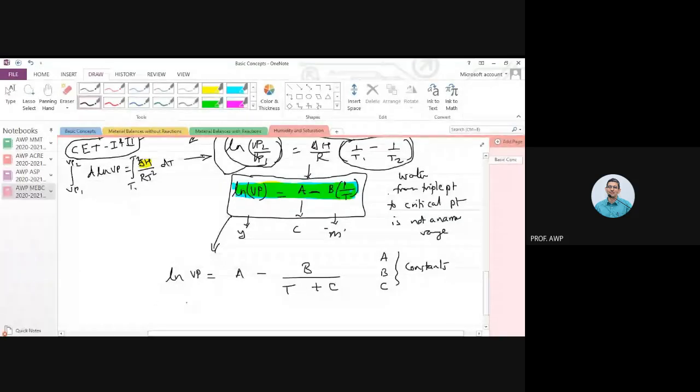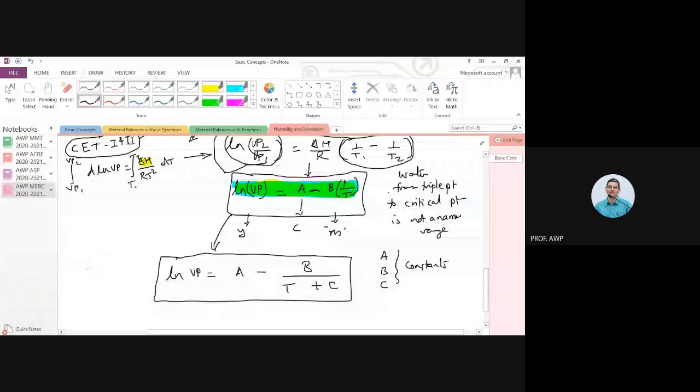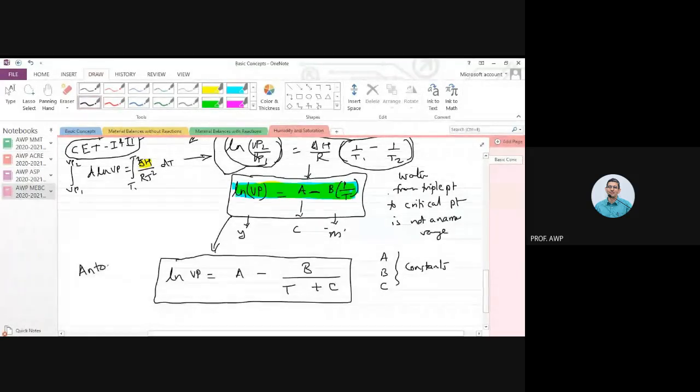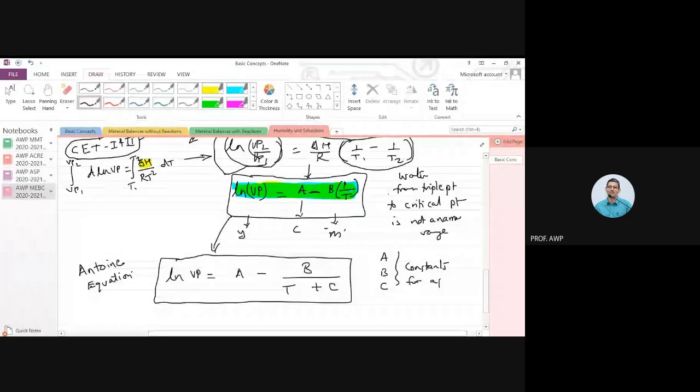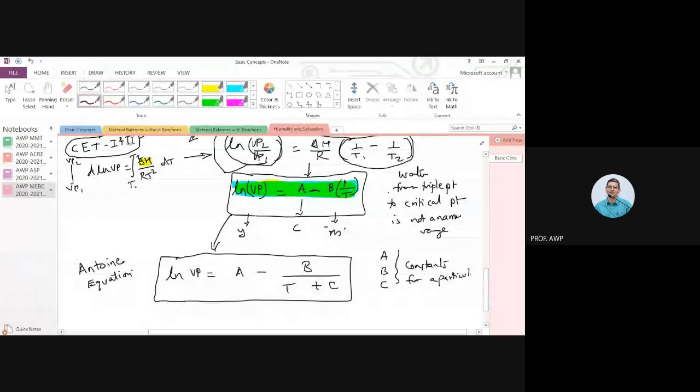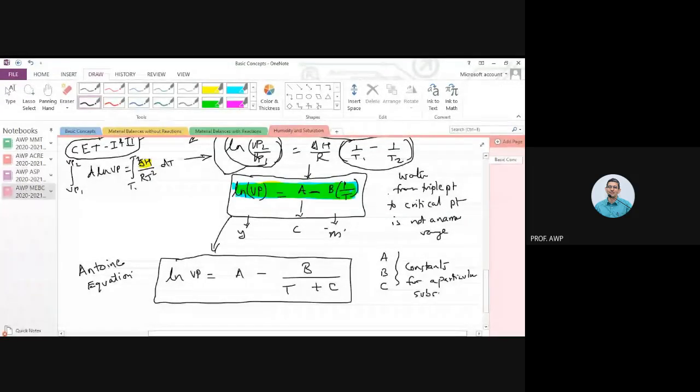And this equation now is valid over a wider range of temperatures. We call this the Antoine equation. A, B, C are constants for a particular substance.